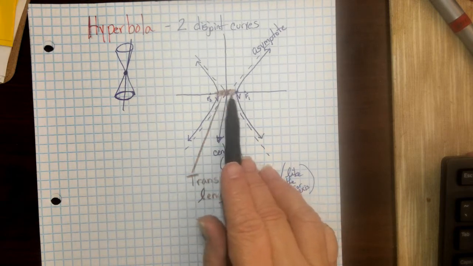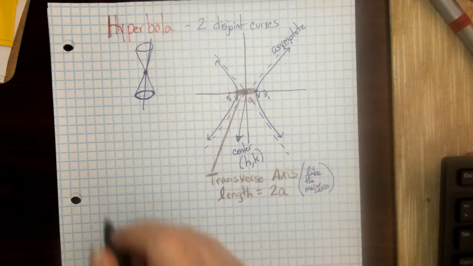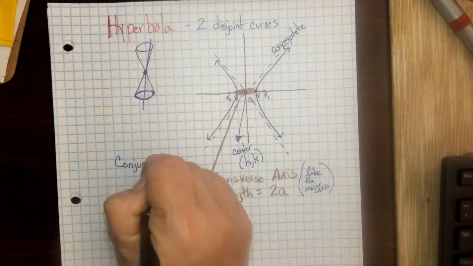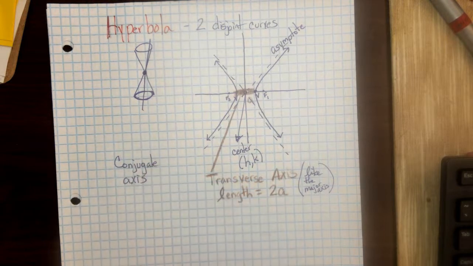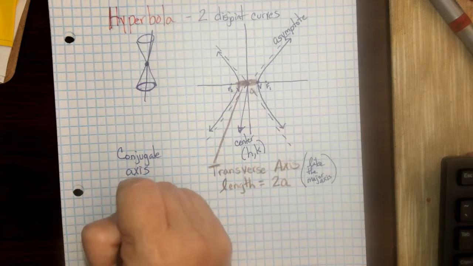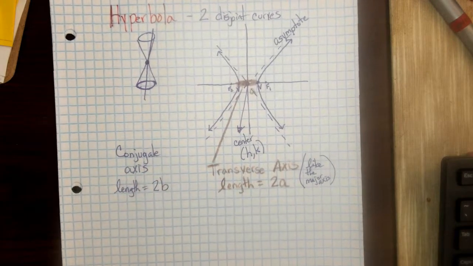It goes between the vertices, transverse. The other axis is called the conjugate axis. And the length of your conjugate axis is equal to 2b.